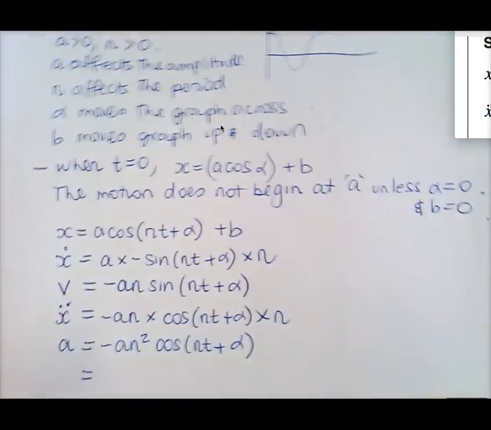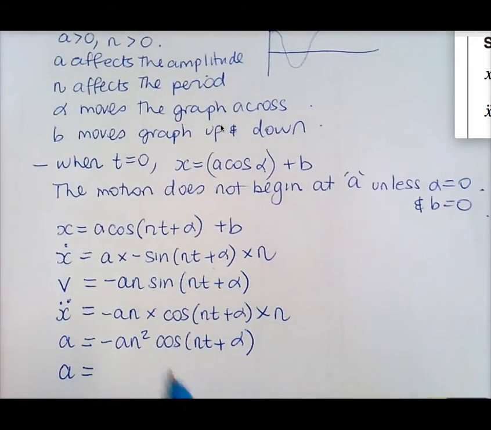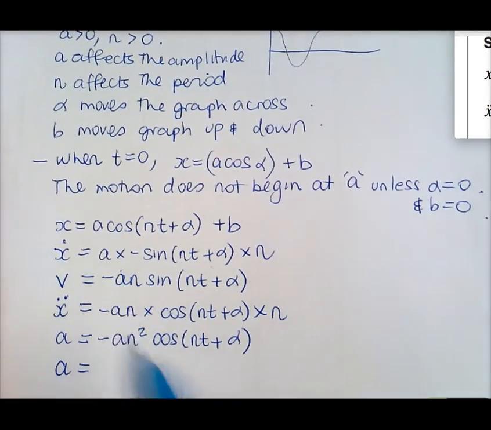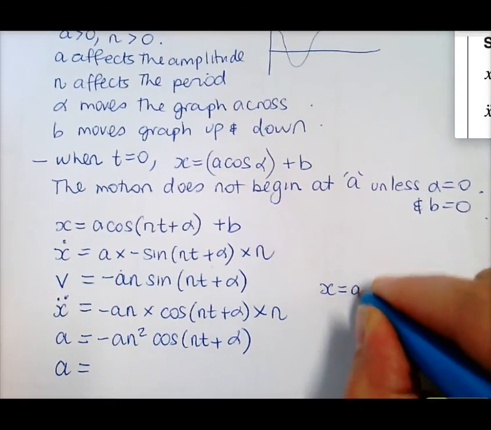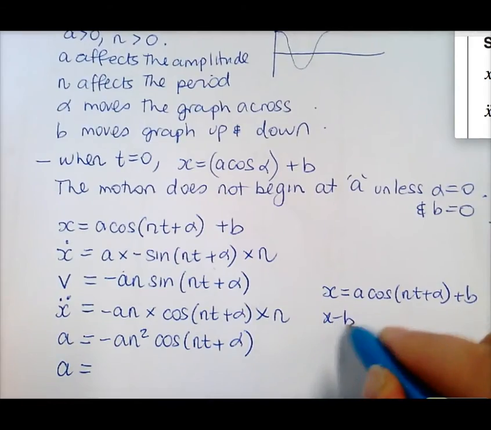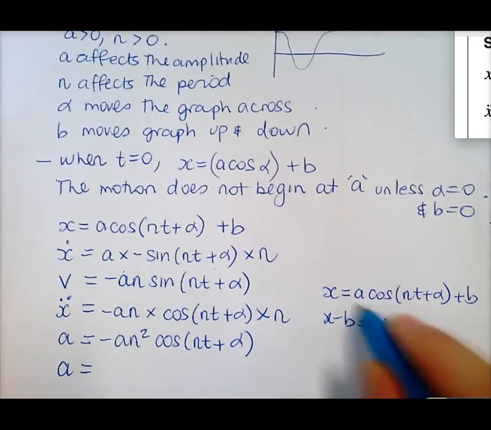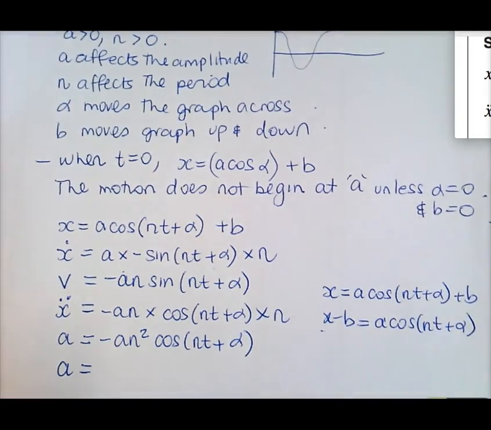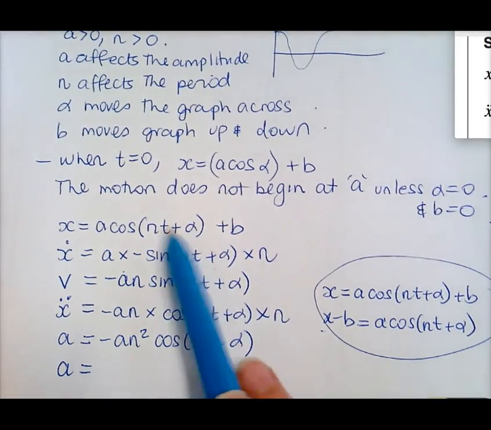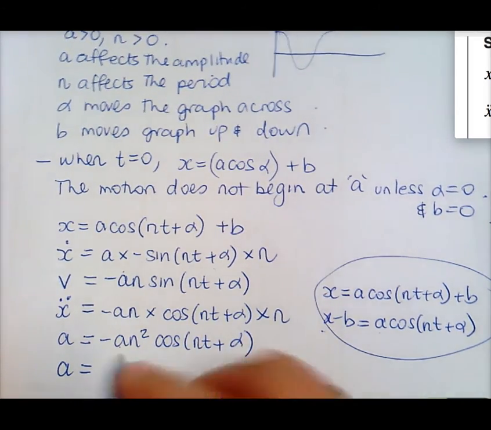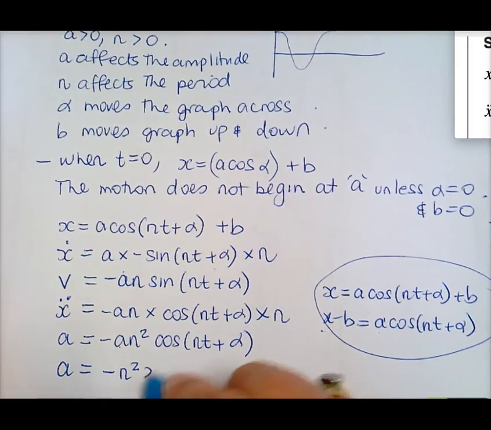Now I'm going to do a bit of working out. x equals a cos nt plus alpha plus b. Therefore, x minus b equals a cos nt plus alpha. We okay with that? I've just taken the original equation and gone x minus b. Therefore, if I want to substitute for a cos nt plus alpha, it's negative n squared x.